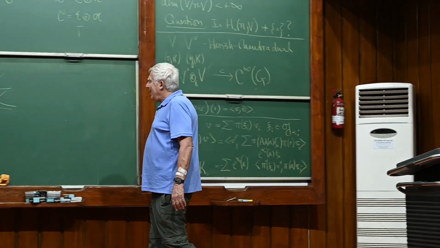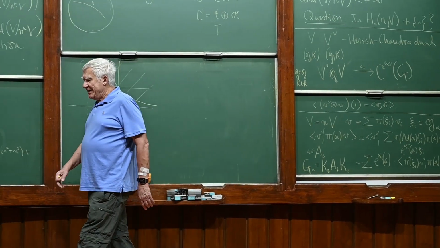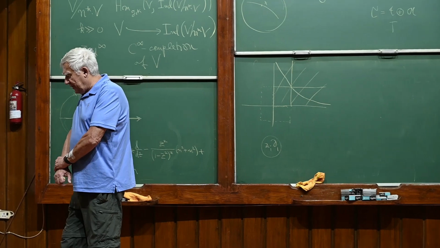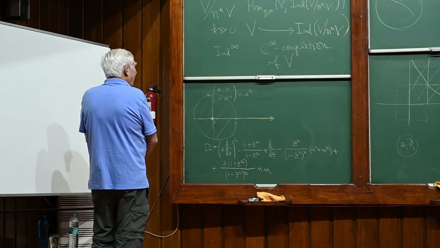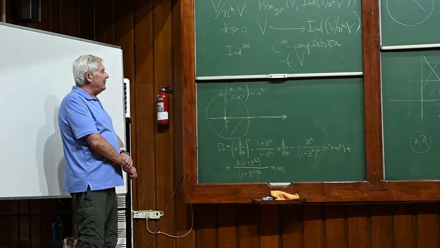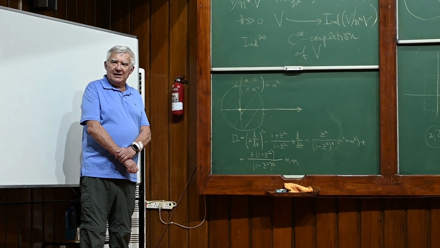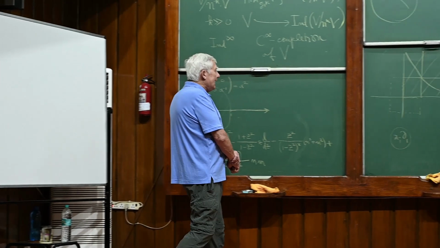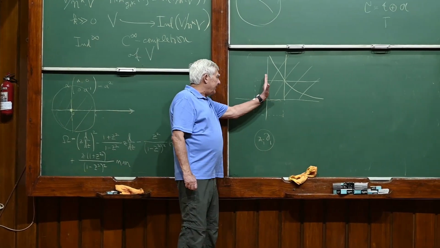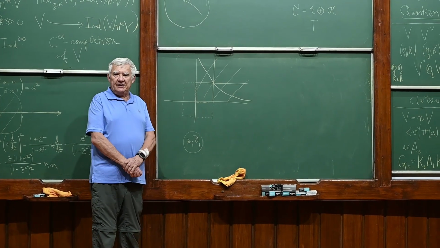So Casselman was reading Deligne's book on differential equations with regular singularities, his lecture notes. And he realized that Deligne there treats this case with normal crossings.